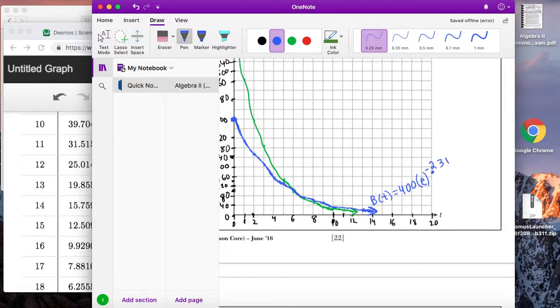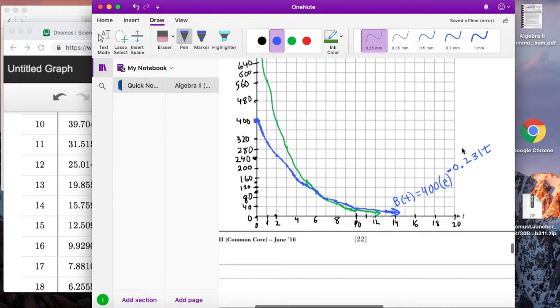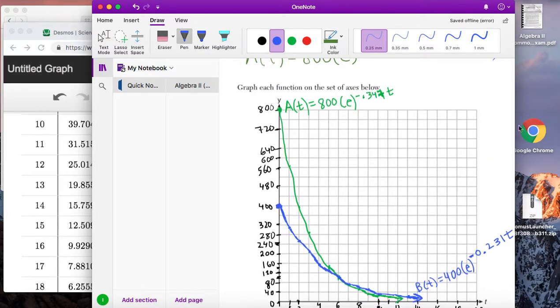It would be useful to put the decimal there. 0.231 t. And that's it. That's our graph, guys. That was a pain of epic proportions.